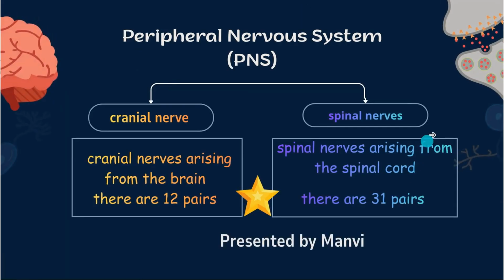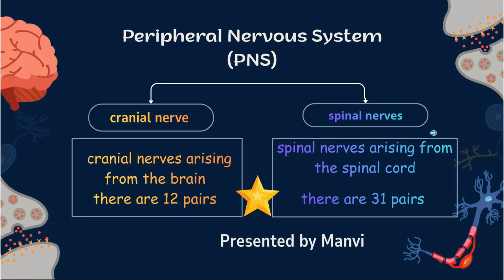So let's move on. Peripheral nervous system, also known as PNS, consists of cranial nerves and spinal nerves. Understand it very carefully because this is a very important topic. Cranial nerves are the nerves arising from the brain, meaning the nerves which are connected to the brain.